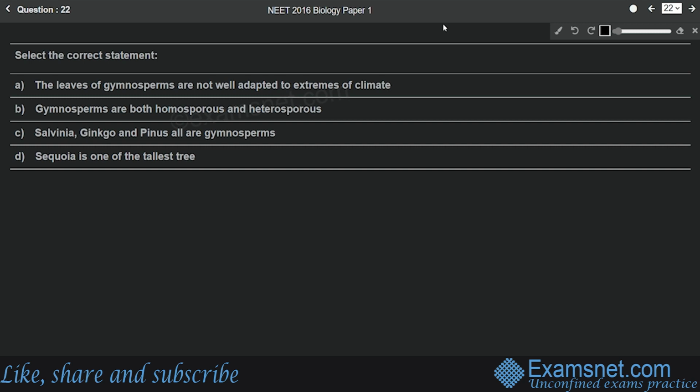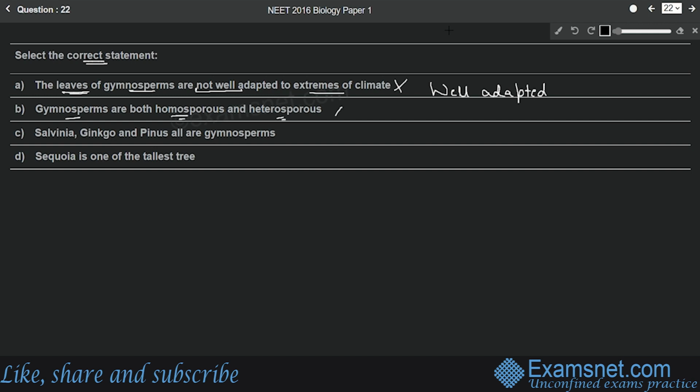Now, question number 22 is from the chapter Plant Kingdom, and the question is, select the correct statement. The first statement says the leaves of gymnosperms are not well adapted to extremes of climates, which is not true, because we know that the leaves of gymnosperms are well adapted to extreme conditions, right? Then the second statement says gymnosperms are both homosporous and heterosporous.